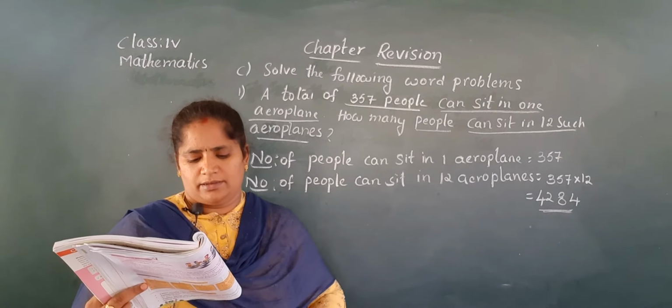And next question, third one, Nana. In one town, there are 1,17,300 people.